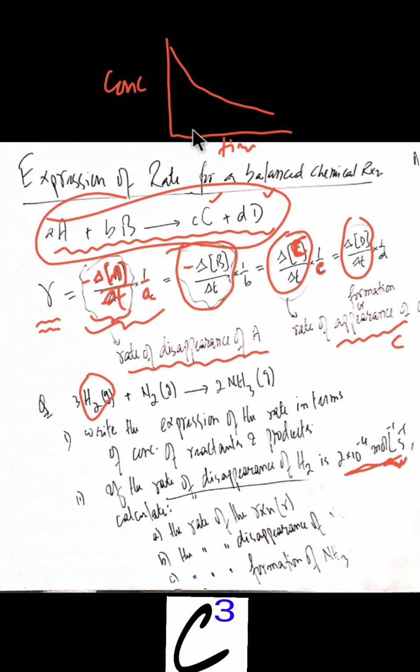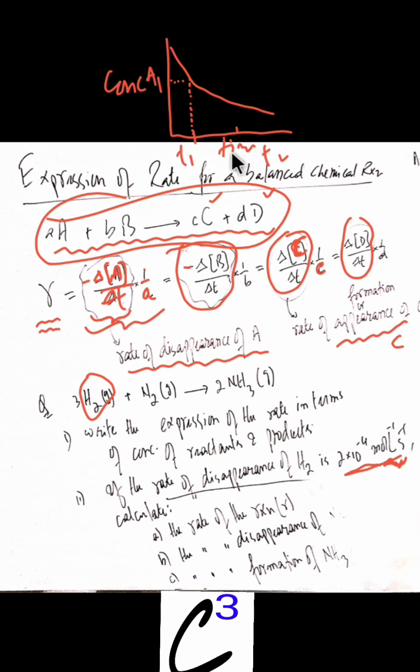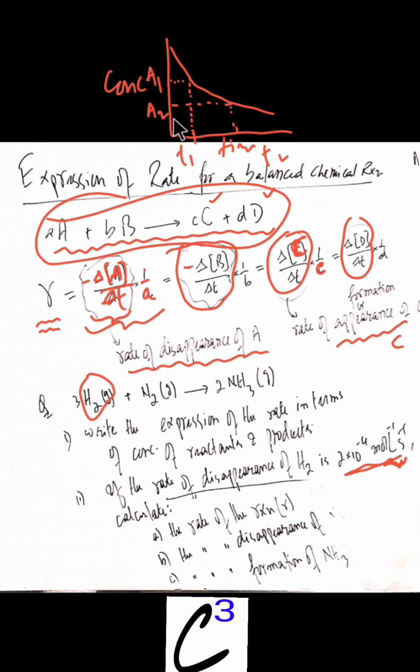And if I take some two times here, this is time t1 and this is time t2. Suppose at time t1 the concentration of the reactant A is A1, and after time t the concentration of the reactant left will be represented by A2, and it is clear from this diagram that A1 is greater than A2.